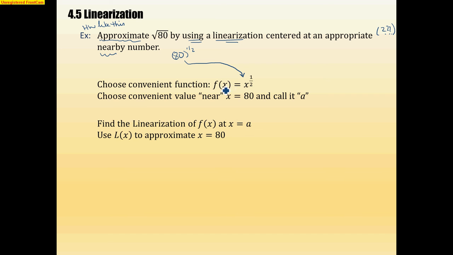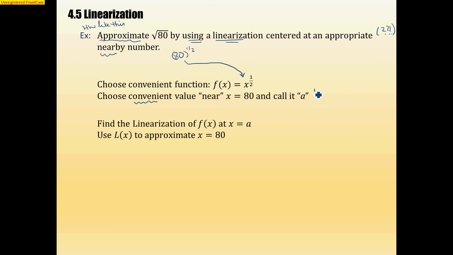Now, of all the numbers in all the world, if I choose a convenient value near 80 to plug into this function, what do you think I will pick? Yes, Alex, I think I'll use 81.